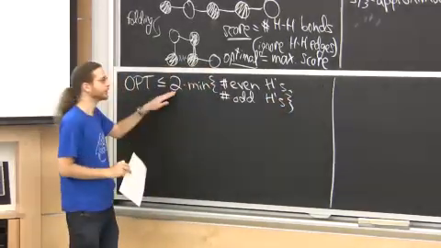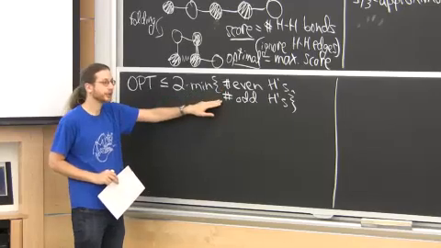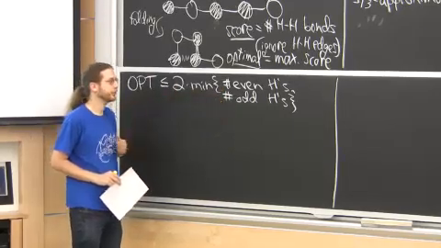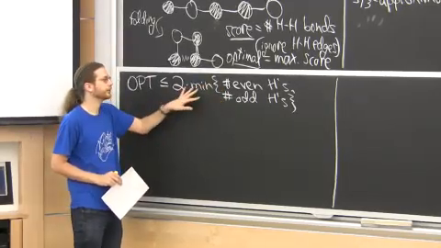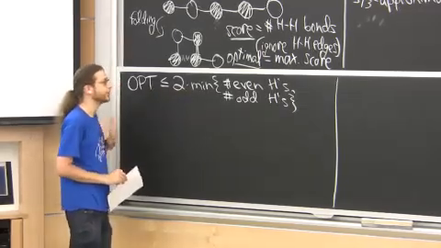This is slightly smaller than the number of H's. If the number of even H's and odd H's are equal, then this will just be the number of H's. But if one's smaller than the other, this will be a little bit smaller. Or it could be a lot smaller, if there's, say, no even H's.